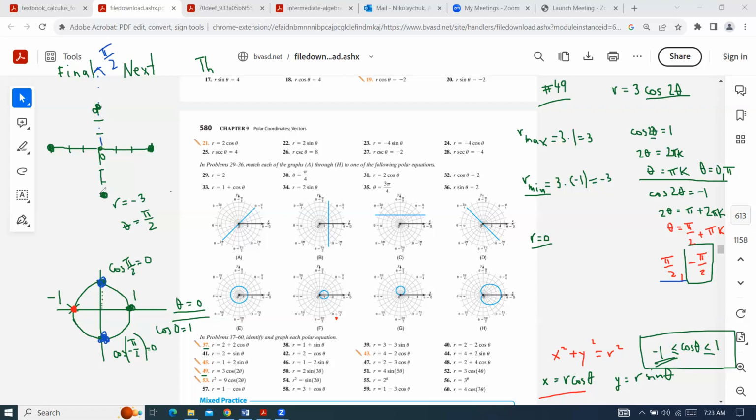I say, oh, that looks like a circle. No, no, no, it's not a circle at all. Those are maximum values. When r is equal to 0? Well, that happens when cosine is 0, right? Because you multiply 3 by 0, so cosine of this 2 thetas must be 0. And this is theta, carefully.